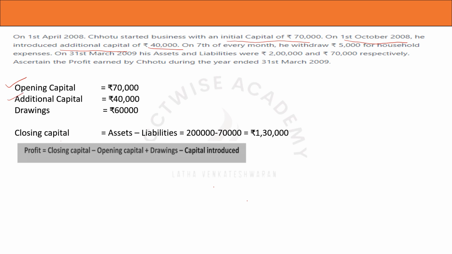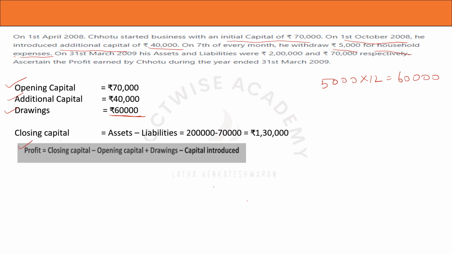On the 7th of every month, he withdrew 5,000 for household expenses. Household expenses means personal expenses. Personal expenses means drawings. So he withdrew 5,000 every month. For 12 months it will be 60,000. So our drawings is 60,000.